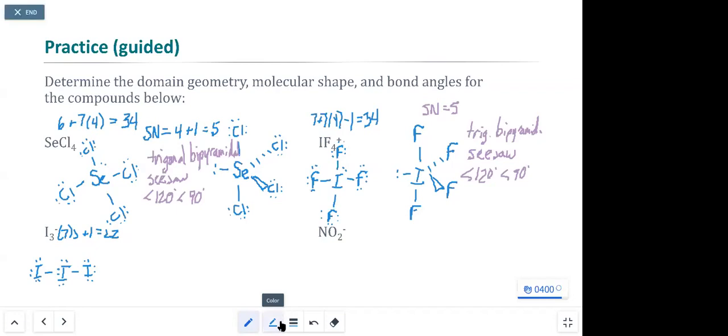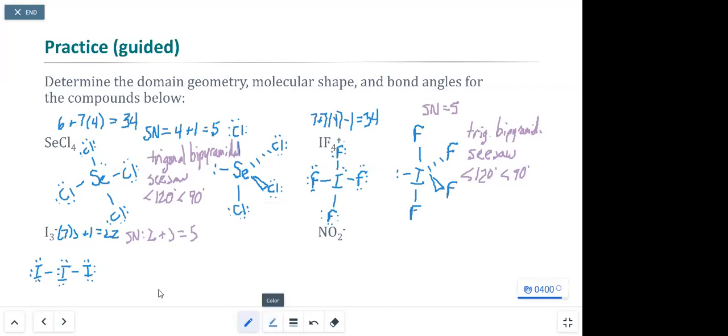So once again, we need to evaluate steric number. Steric number here, we're looking at 2 atoms that it's bonded to, plus 1, 2, 3 sets of lone pairs. We're talking about a steric number of 5 again. So once again, we are talking about trigonal bipyramidal.